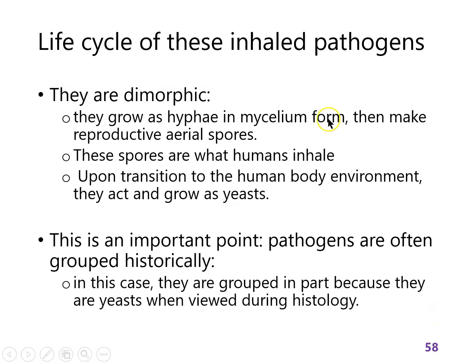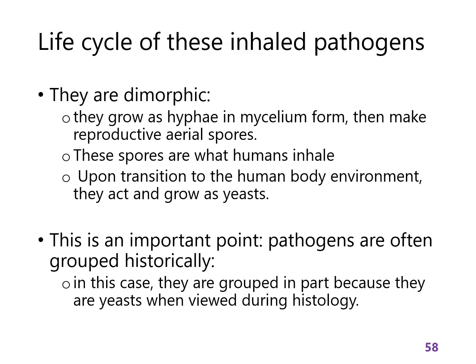Another thing that brings together these 3 is their life plan. They are dimorphic, and that means they have different forms at different times. And so in the environment, they grow as hyphae. So they grow as hyphae and they form mycelia, and they spread on whatever they're able to eat. And then they make aerial spores. So they make reproductive spores.